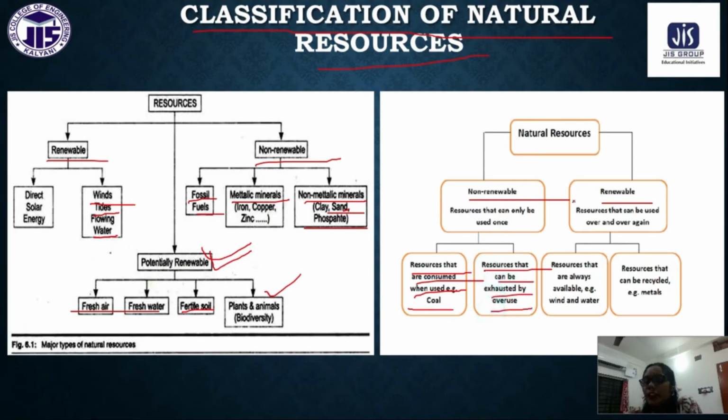Renewable resources are of two types: resources that are always available, like wind and water, and resources that can be recycled, like metals. So these are some of the classifications of resources and natural resources. When you have the question, you have to check whether you are asked for resources or natural resources, or you can write both down as your answer.